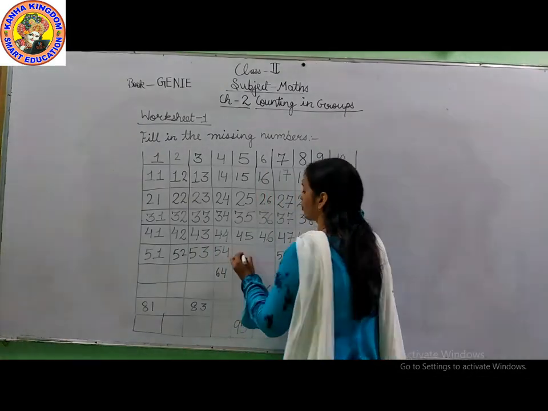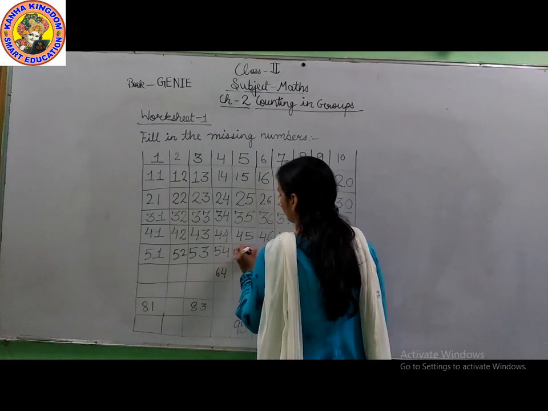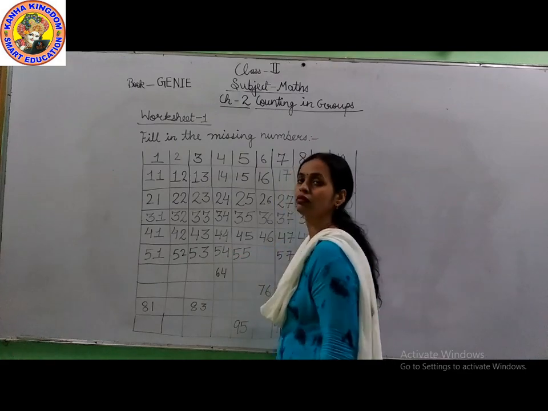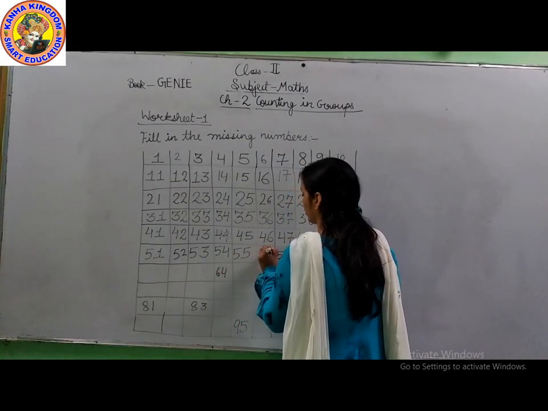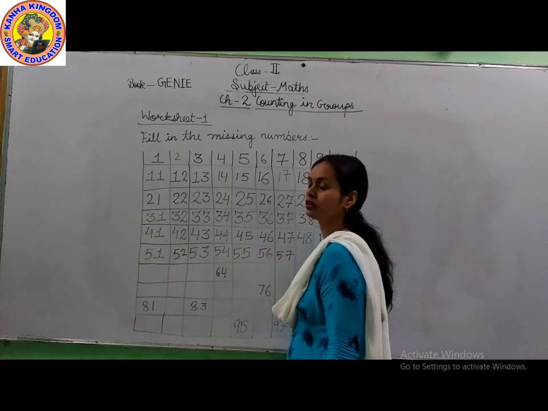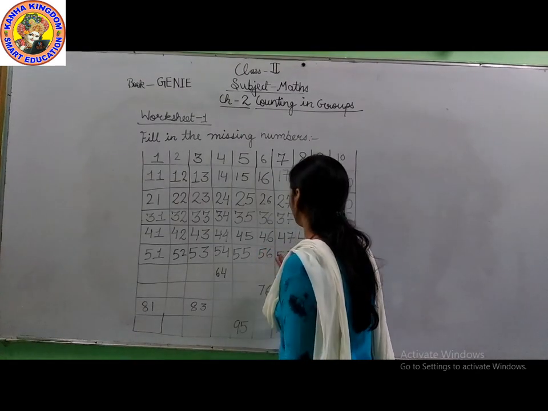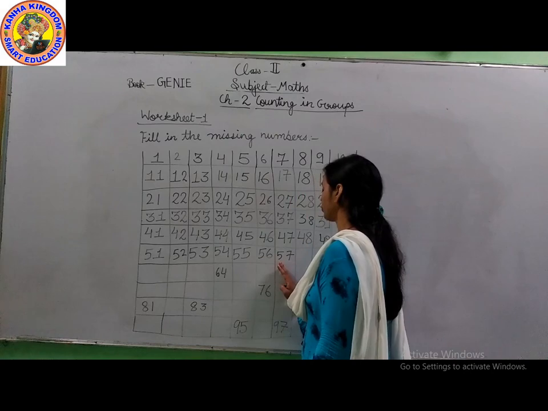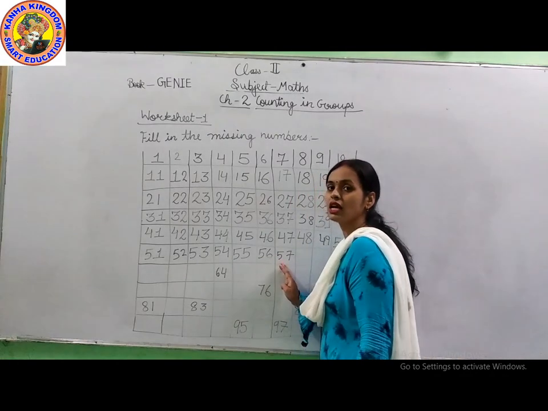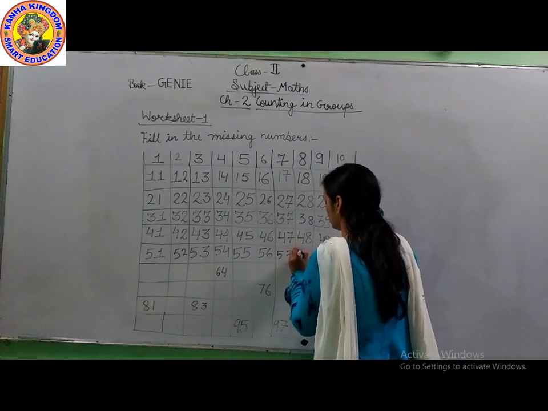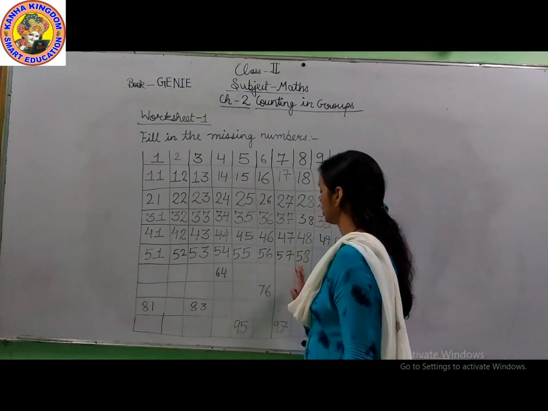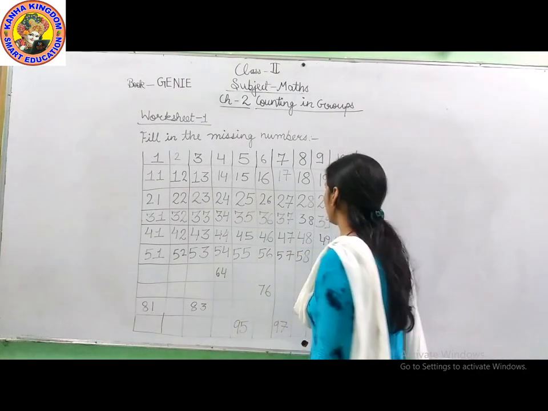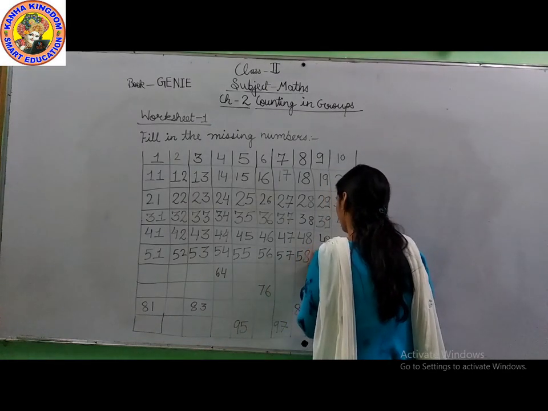What comes after 54? 55. Now, what comes after 55? 56. Now, 56, 57. So, 57 after number is 58. Now, what comes after 58? 59.